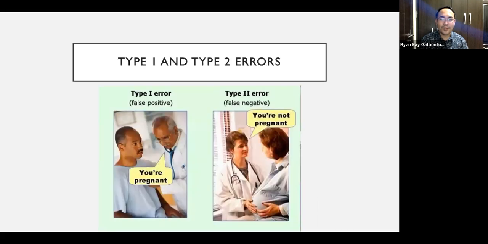It looks something like this: the type 1 error, or the false positive, is like saying that a male person is pregnant. And a type 2 error is a false negative, wherein you're saying that a pregnant woman is not pregnant.